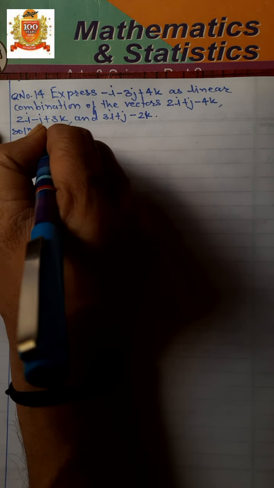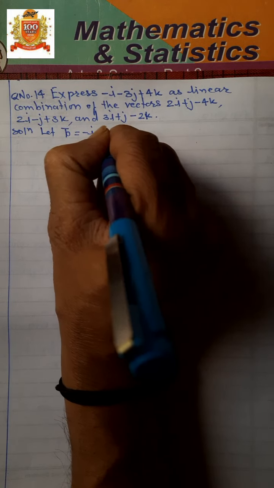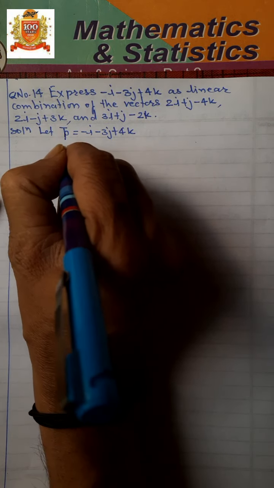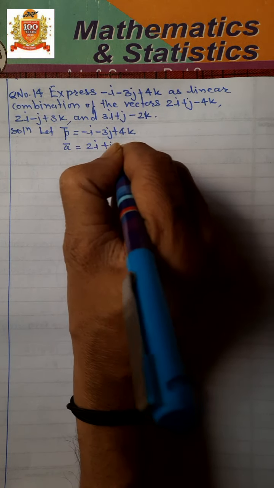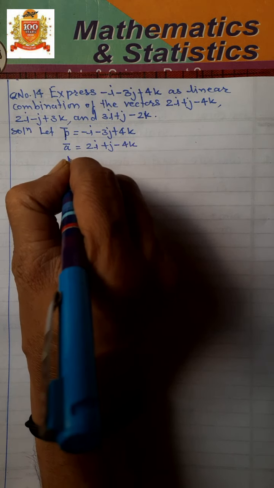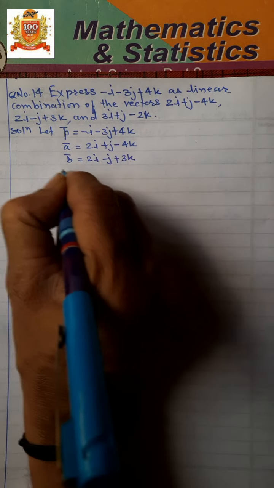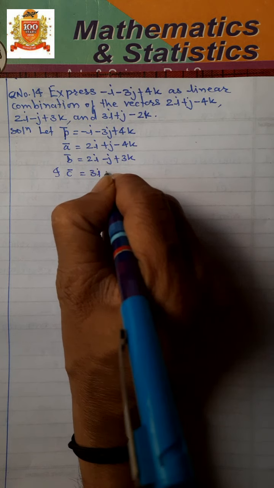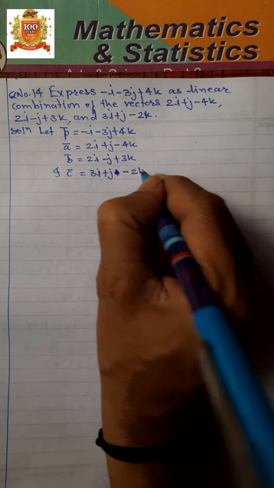Let p bar is equal to minus i minus 3j plus 4k, a bar is equal to 2i plus j minus 4k, b bar is equal to 2i minus j plus 3k and c bar is equal to 3i plus j minus 2k. Isn't it?